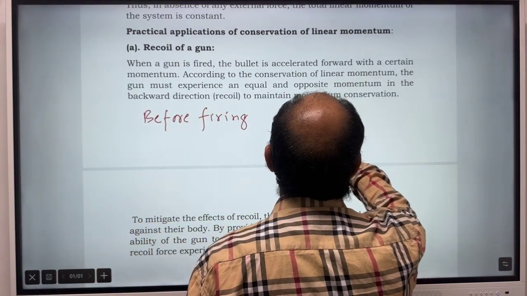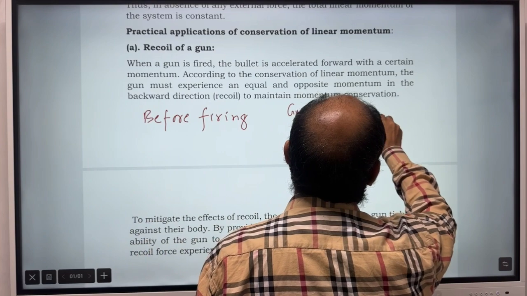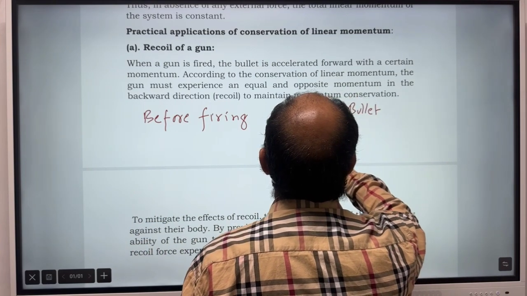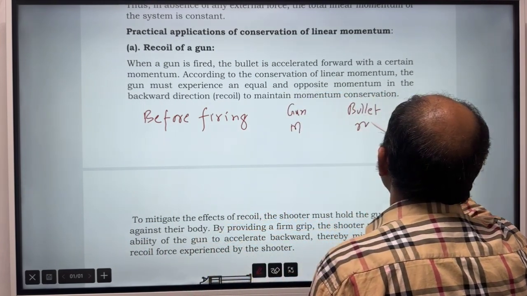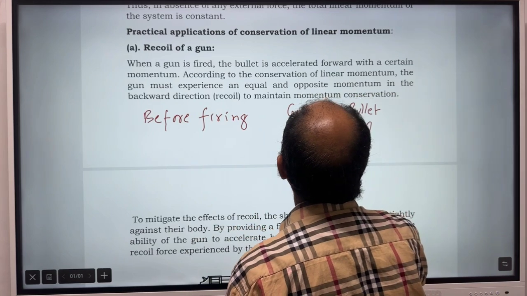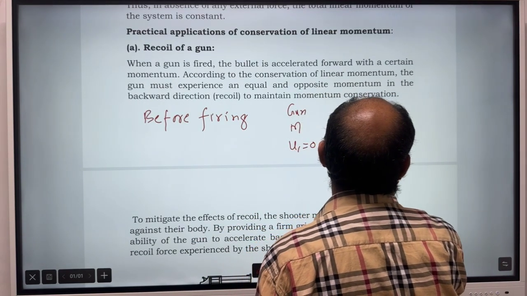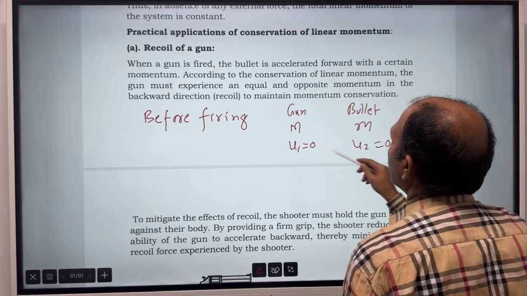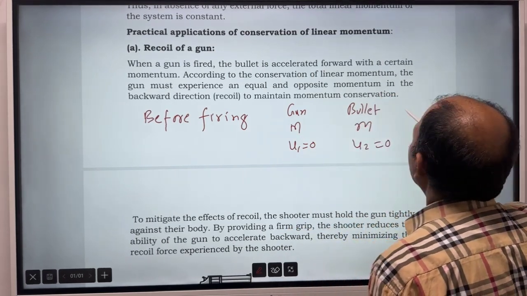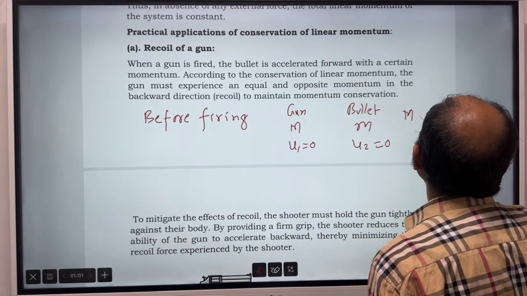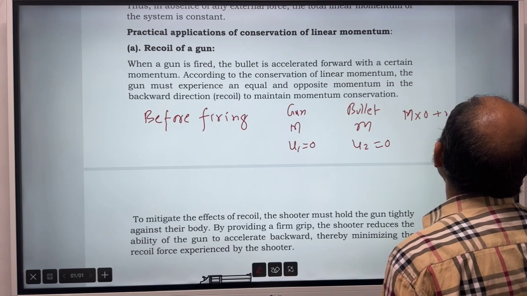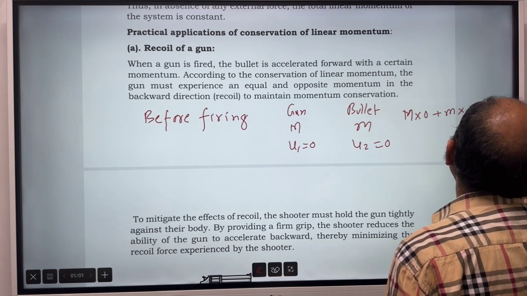So gun and bullet. Gun has mass capital M, bullet has mass small m. Velocity before firing, say this is u1, which is 0, this is say u2, so it is 0. So total momentum before firing will be M times 0 plus m times 0, which is 0.